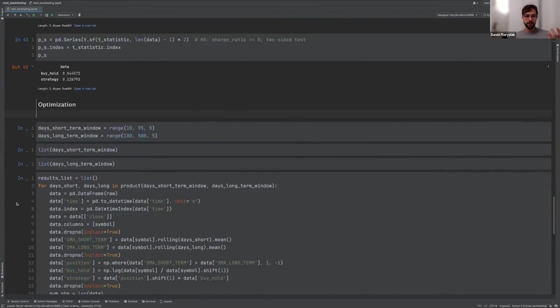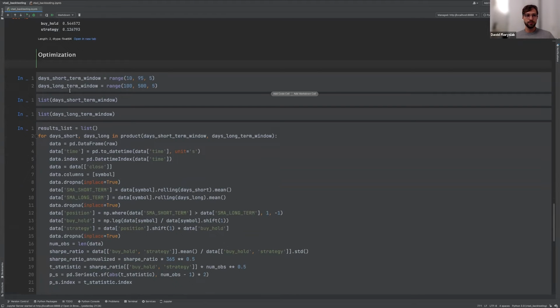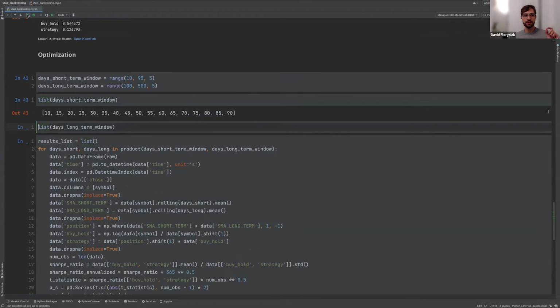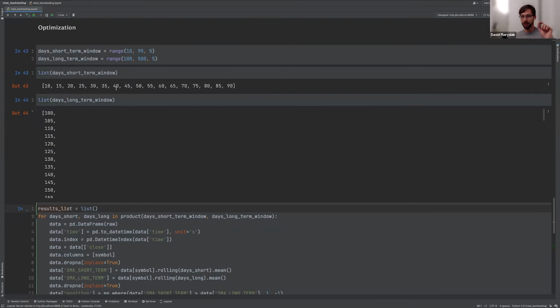What we're going to do is optimize this. We're going to look at different combinations of the short-term days for the rolling window and the long-term. So now we take all the combinations, 45, 115, 60, 115, and so on.